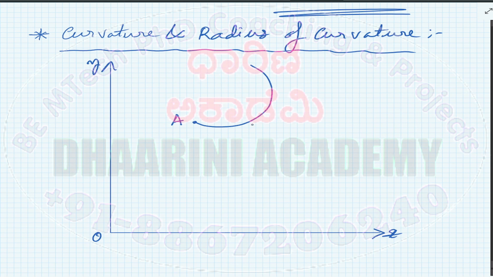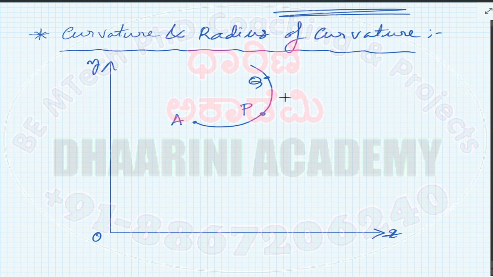In this curve, let us say I have one point, say P on this curve. This is P, and let me write another point over here. This is, say, Q.